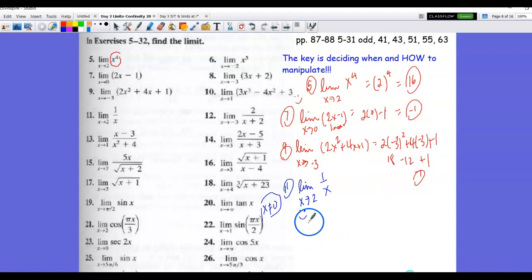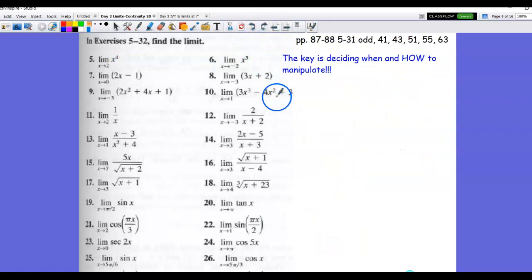The graph of 1 over x doesn't cross the x-axis. There's a horizontal asymptote there. We know that graph is continuous everywhere except x equal to 0. So we can use direct substitution, meaning that as x goes towards 2, the y value we're approaching is a y value of 1/2.